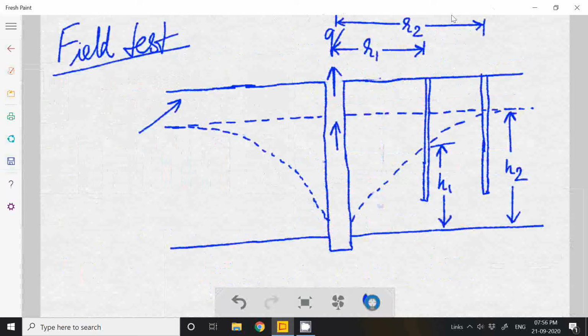From the depressions, we will be able to know the level of water from here.